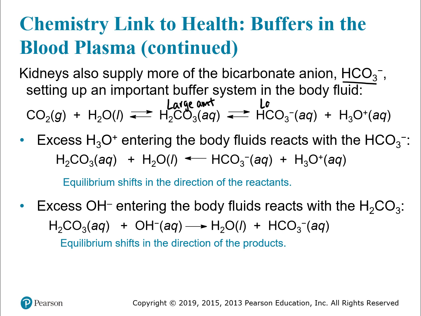And we also have a large amount of the bicarbonate anion, because in addition to just the normal equilibrium of carbonic acid in our fluids, the kidneys are also supplying some. This makes up the buffering system in our blood.